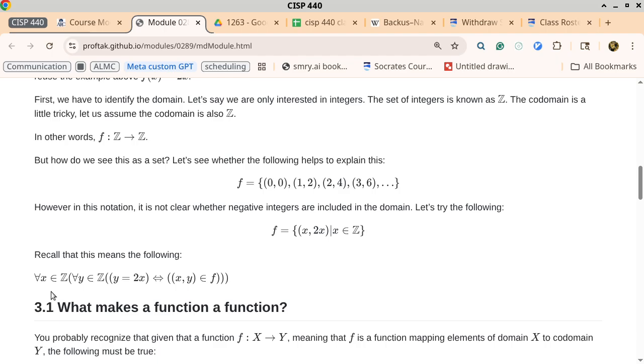Do we have any questions relating to how the longer, more spelled out version is the same as the shorthand version, which is essentially saying f is defined to be 2x, but x has to be an integer to begin with? So all of those are basically saying exactly the same thing, but the notation is different.